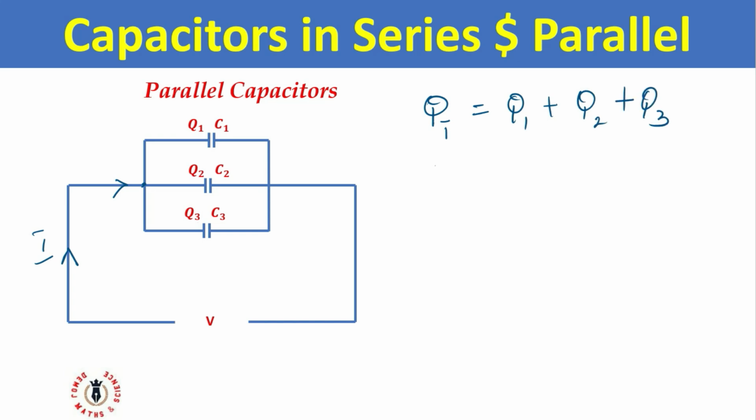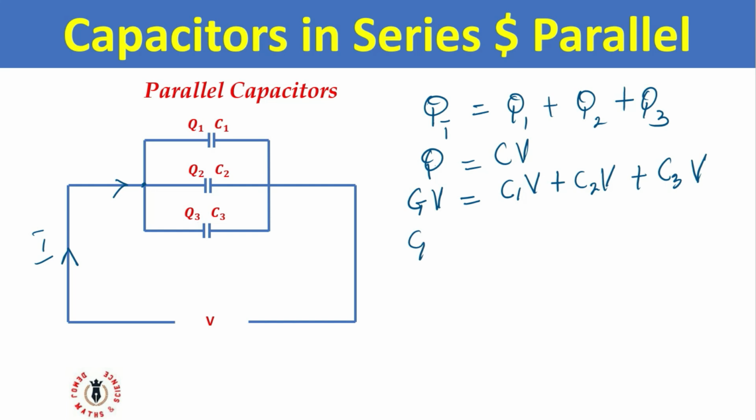Now we said that the charge Q is the same thing as CV, so C total times V will be the same thing as C1 times V plus C2V plus C3V. So C total times V will be the same thing as C1 plus C2 plus C3, all times V. Now we can divide both sides by V like we did the other time.